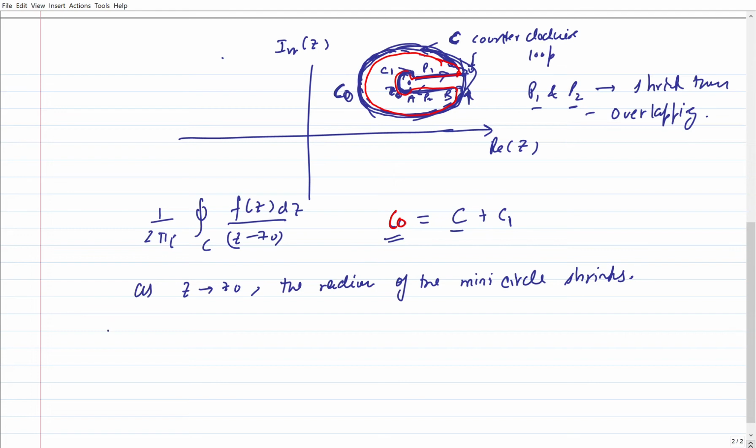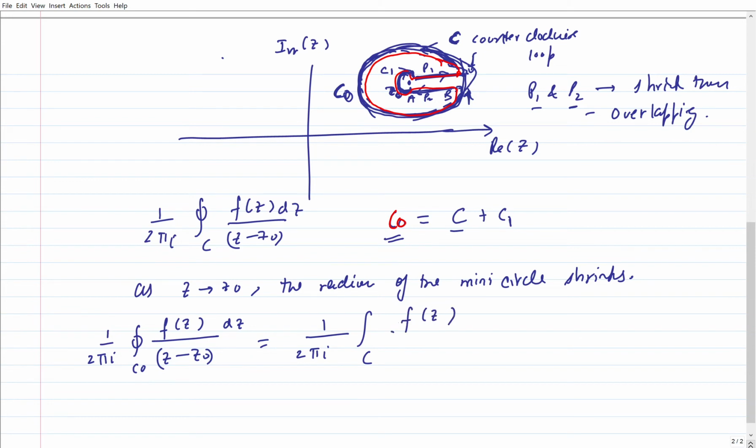So I have 1 over 2 pi i integral of f(z) over z minus z0 dz is equal to 1 over 2 pi i integral over C0. This integral over the C0 path is nothing but breaking into two integrals.